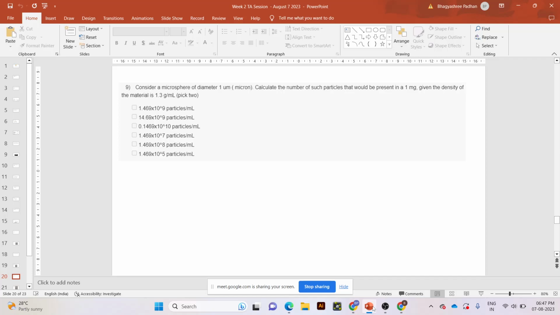No, the 14.69 is one option. Would it be 1.469 times 10 to the power of 8 and 14.69 times 10 to the power of 9?